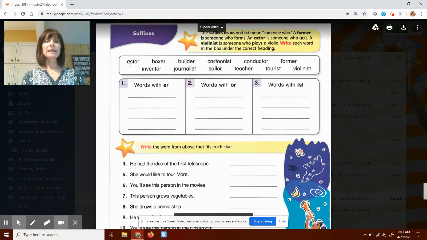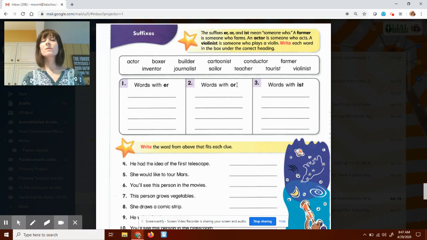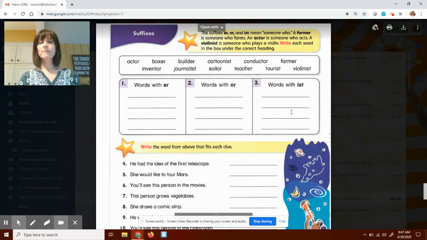That's pretty easy. You can take a look at the words and simply find any of the words ending in er will go in this column. Any of the words that end in or in this column. Ist would be in the following. I'm going to read the words real quick just with you.